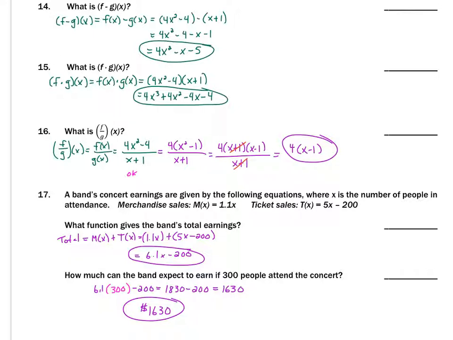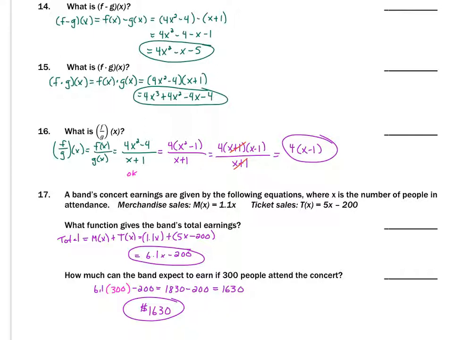All right, on number 17, we are given merchandise sales function and ticket sales function. What is the band's total earnings? Well, their earnings come from merchandise sales and ticket sales, so it's the combination of m of x and t of x.